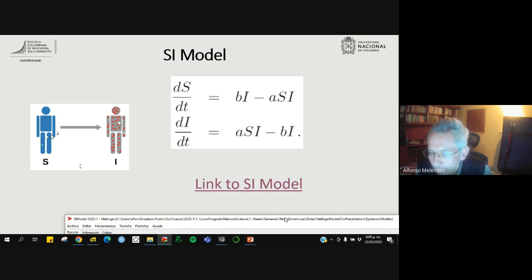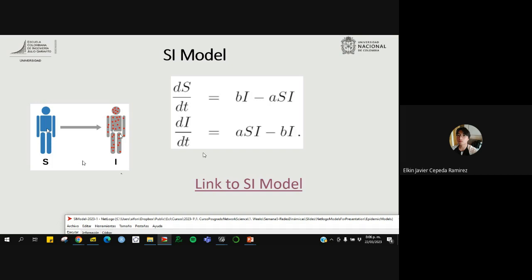There is a famous dicho, a famous saying, I don't know how to say it in Spanish. El amor es temporal, pero el herpes es para siempre, okay? It's a kind of joke to show that herpes is very horrible.